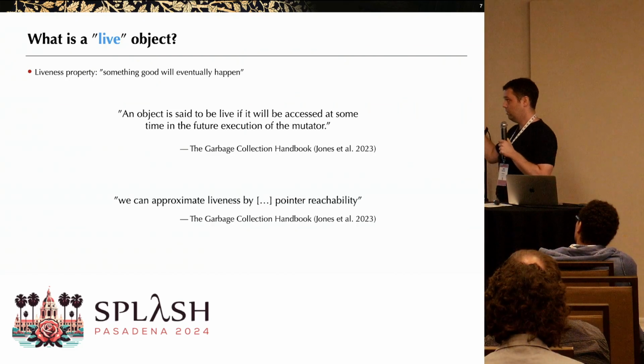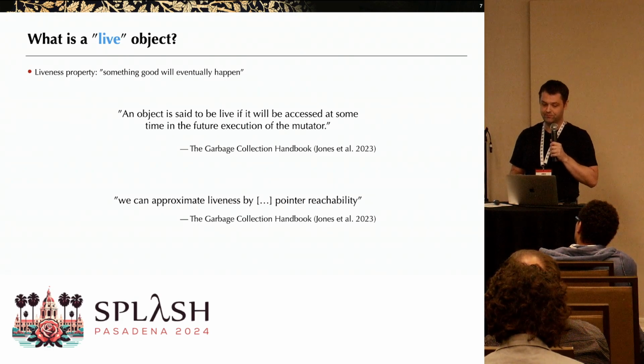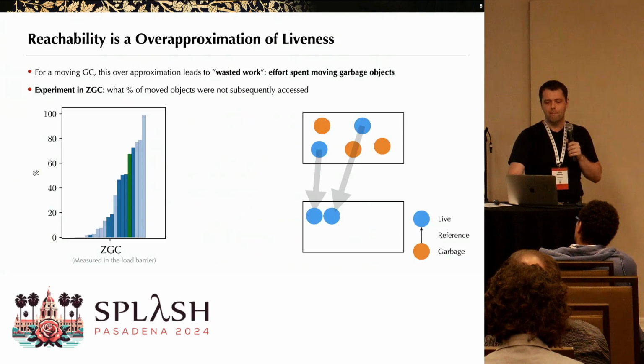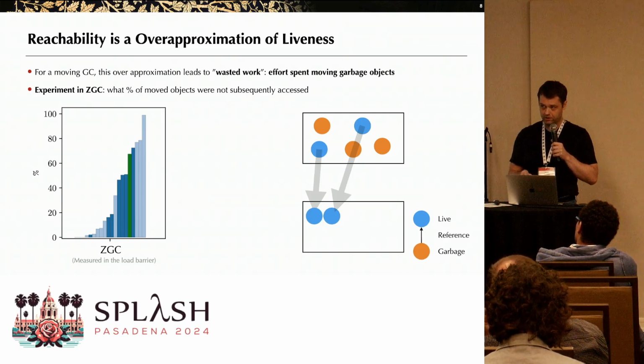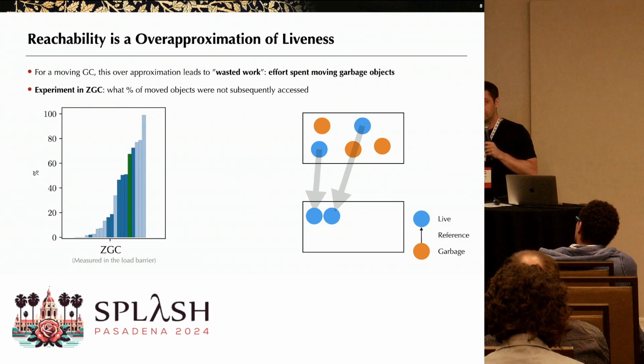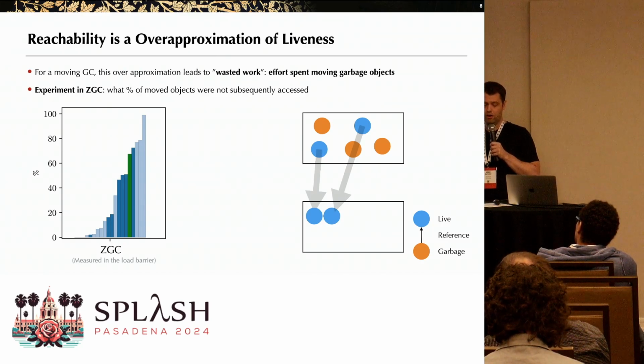We almost always, as far as I know, use pointer reachability to approximate liveness. But using reachability is an over-approximation of liveness. For moving GC, this leads to wasted work, in the sense that we will move objects around in memory that are effectively garbage.